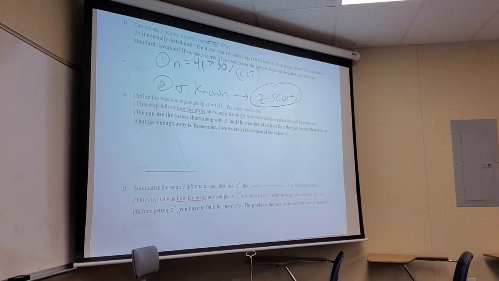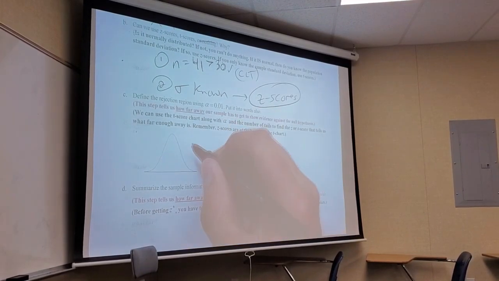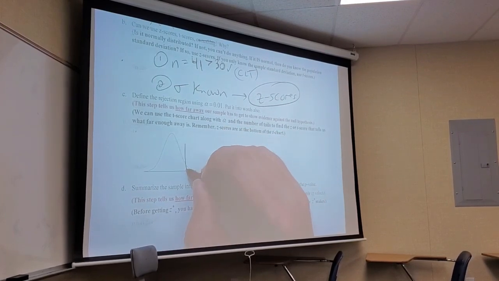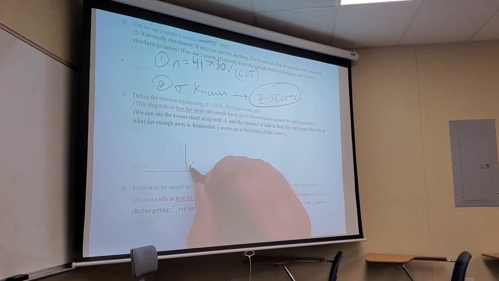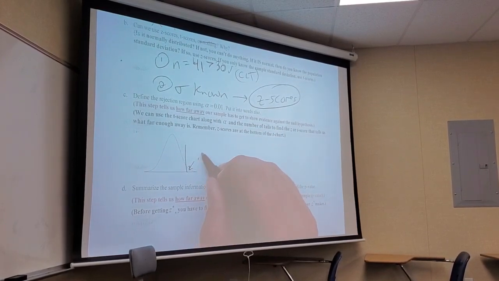It's like one tail. What's the area in the tail or tails? So where is the tail? We already know where it is. There's one tail in this problem. Where is it? It's up here. What's the area in this here? Yeah. So that is 0.01.